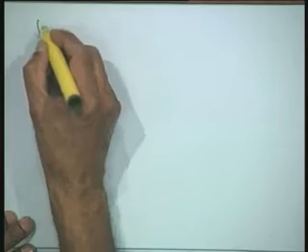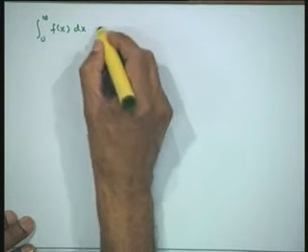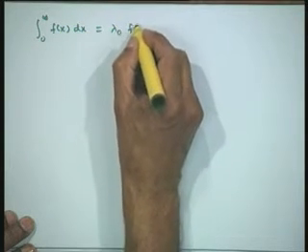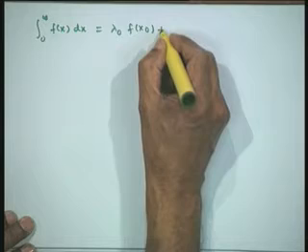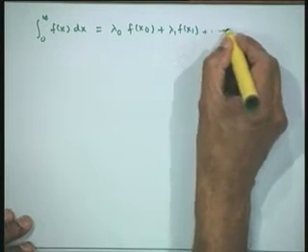Now, in the previous lecture we have derived numerical integration formulas for evaluating an improper integral of the form 0 to infinity f(x) dx, and for evaluating this integral we have written a formula of the type lambda 0 f(x0) plus lambda 1 f(x1) plus so on plus lambda n f(xn).